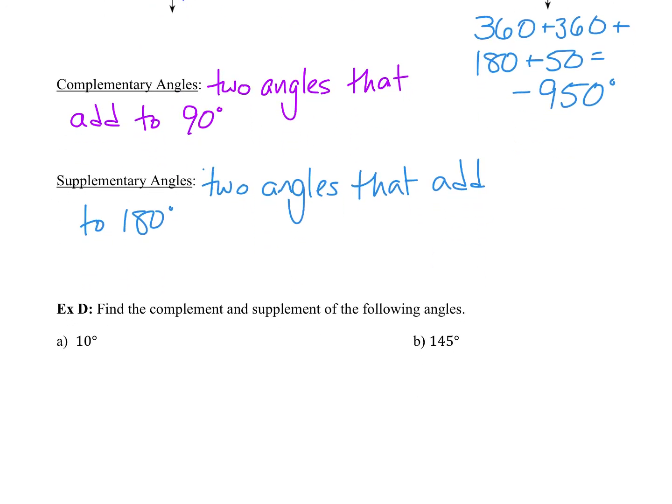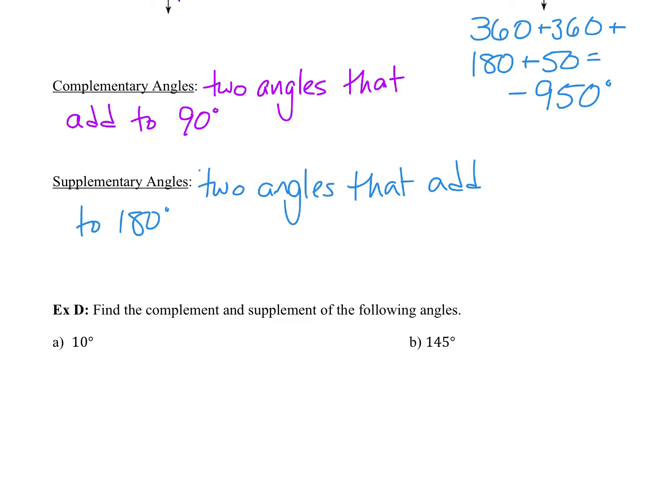All right, so here's the deal though. With complementary and supplementary angles, when we're getting beyond our basic ones that are 90 or less, can I have an angle that is greater than 90 have a complement? No, right? Because that would be greater than 90, so that doesn't work. So sometimes you're going to get some that don't work, okay?